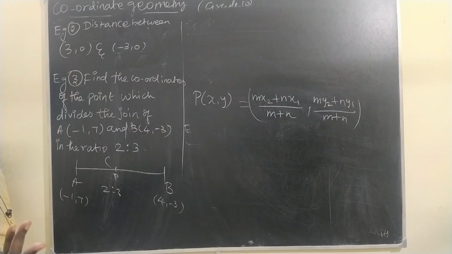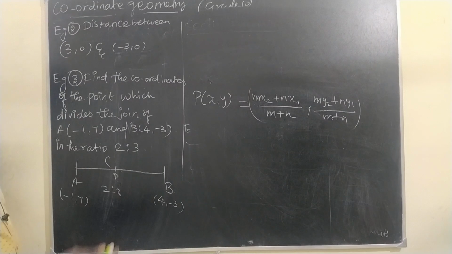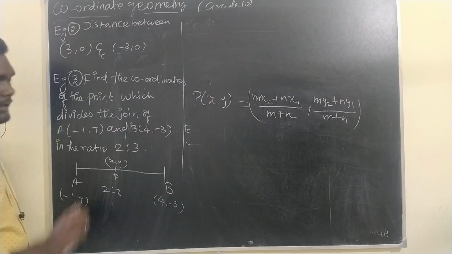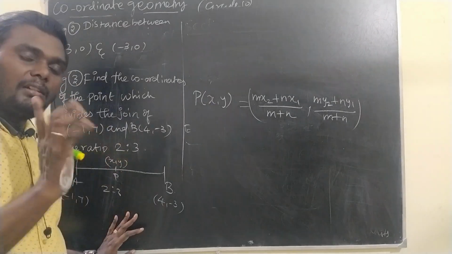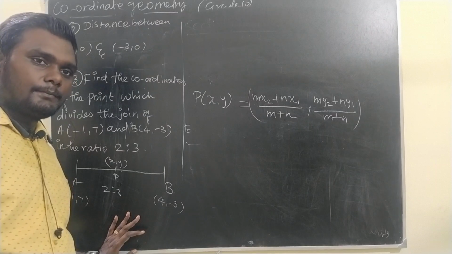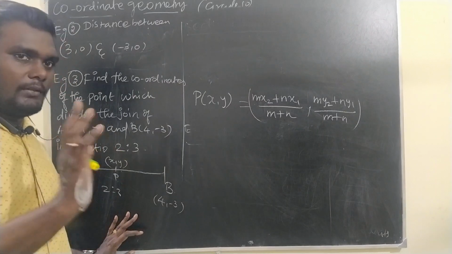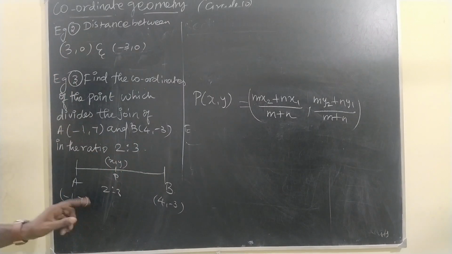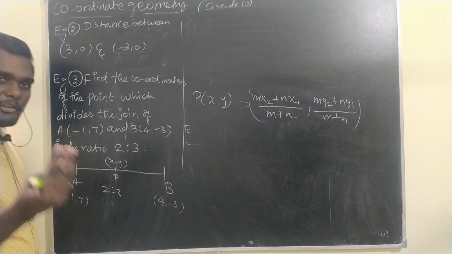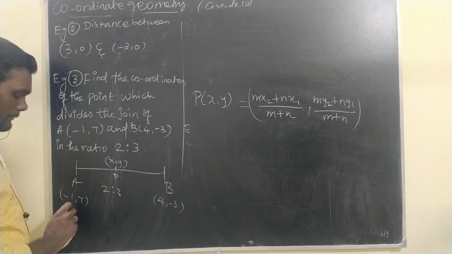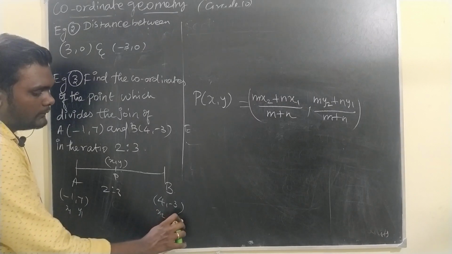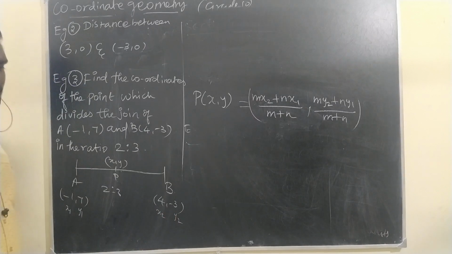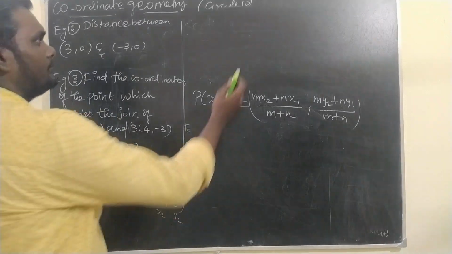Then the coordinates of P, what do you know? Don't know. So, I am marking it as x, y. Now we are going to apply a formula. Which formula? Distance formula or section formula? Section formula. To apply the section formula, we need to mark something. As usual, take your pencil, mark this as x1, this is y1, this is x2, y2. That is all. Start applying in the formula.